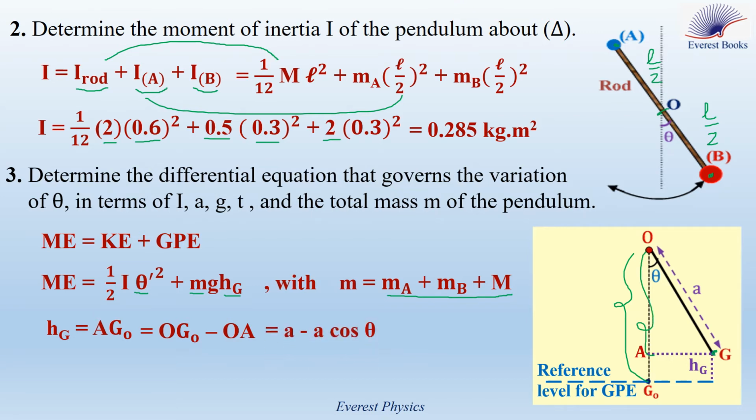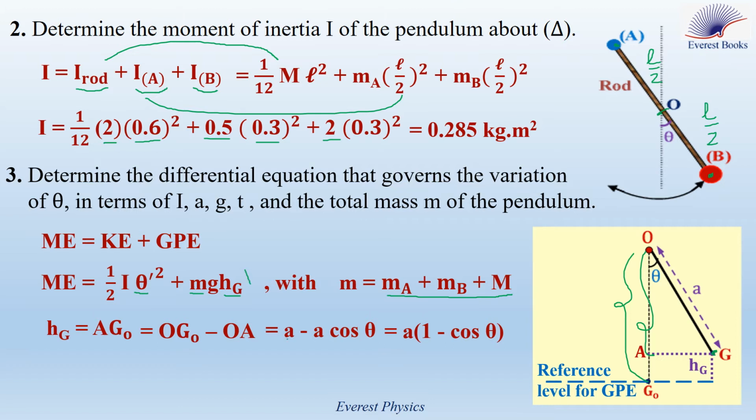OG0 is equal to a, and OA is equal to a cosine theta. Using the right angled triangle OAG, cosine theta is equal to the adjacent OA over the hypotenuse OG. So H of G can be written as a into 1 minus cosine theta.